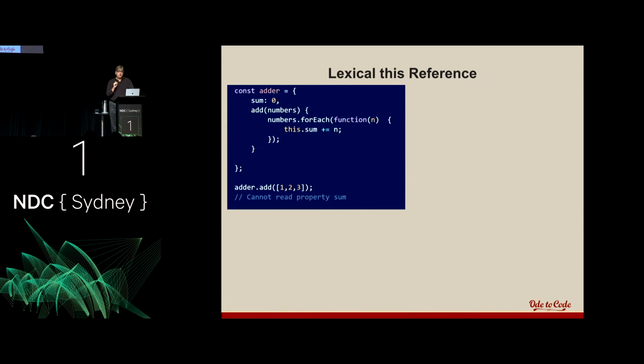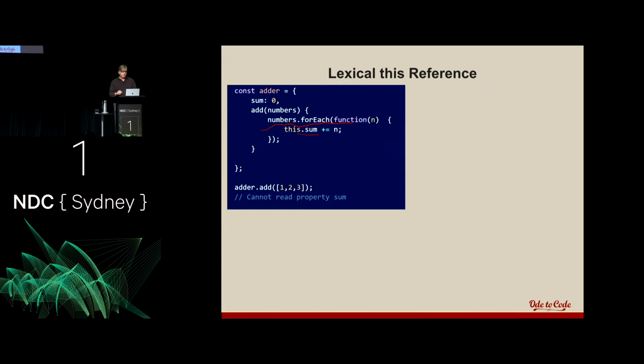The other special characteristic about arrow functions that you probably know if you've worked with this feature is how they preserve the lexical this reference. So here's an example of an object that will not work correctly, because when I say numbers.forEach, here's a function, please add n to sum, what is the this reference?